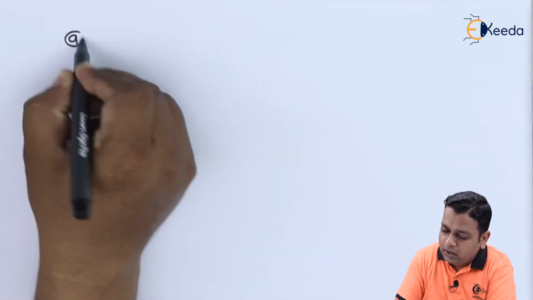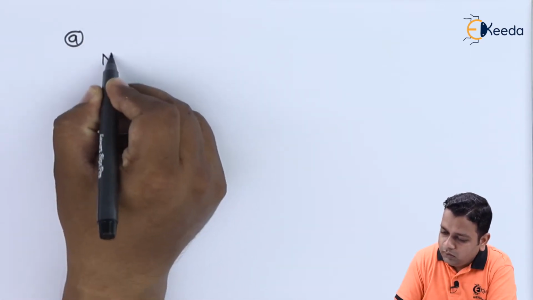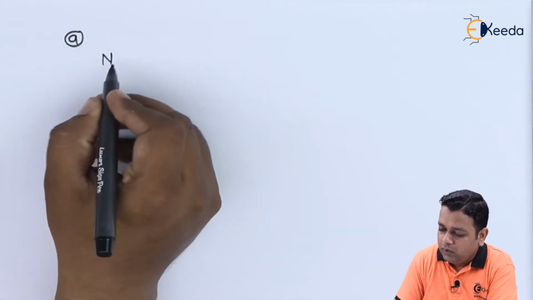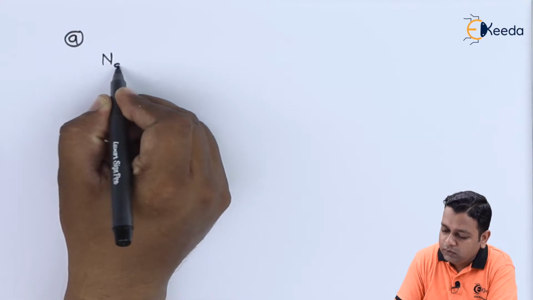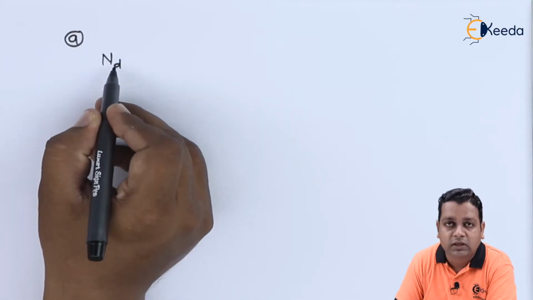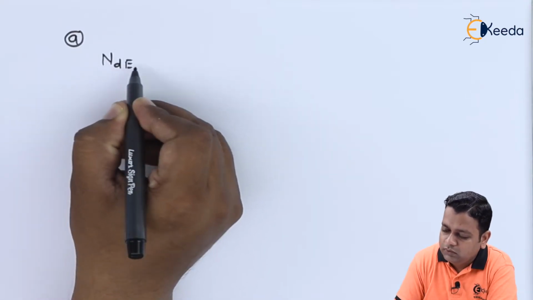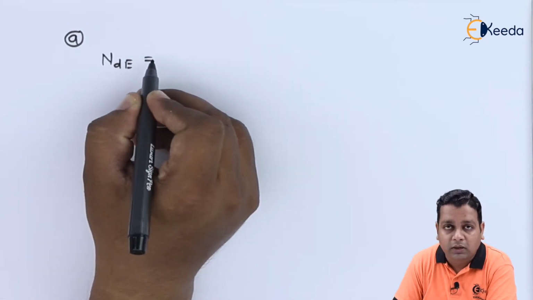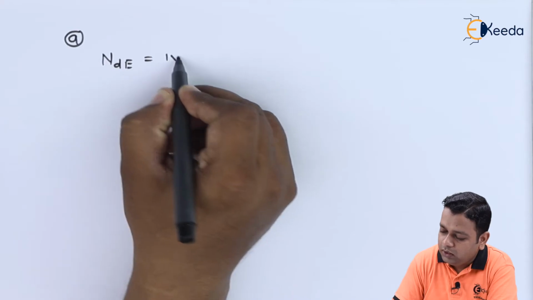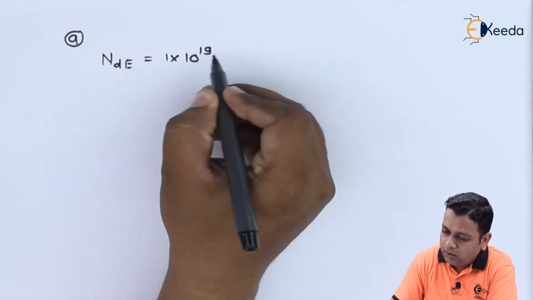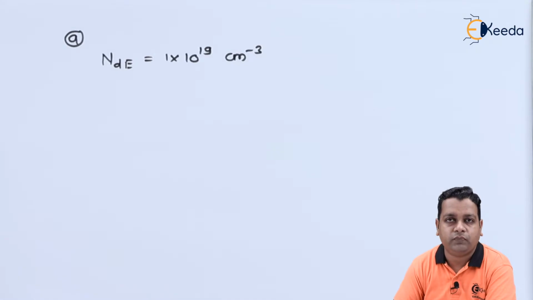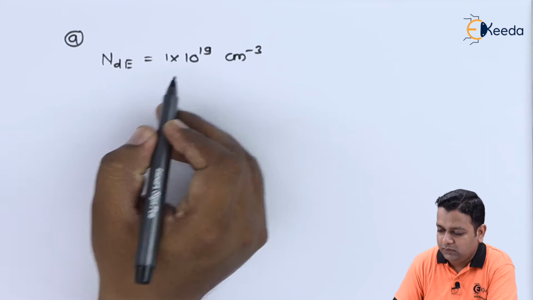In part A I mention the impurity densities or impurity concentration. First of all for the emitter, I mention impurity density N D, also give the suffix capital E for emitter. The value we find from the graph is 1 into 10 raised to the power 19 per centimeter cube. This is for the N type emitter region.